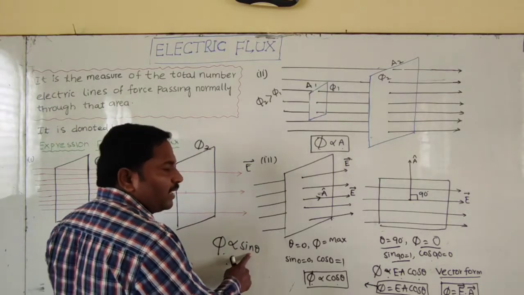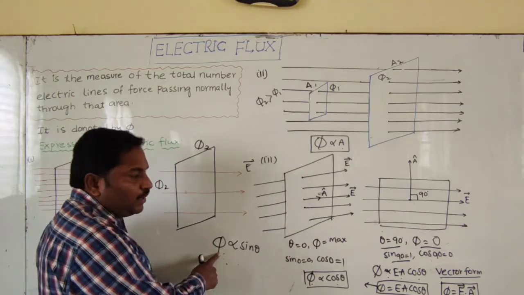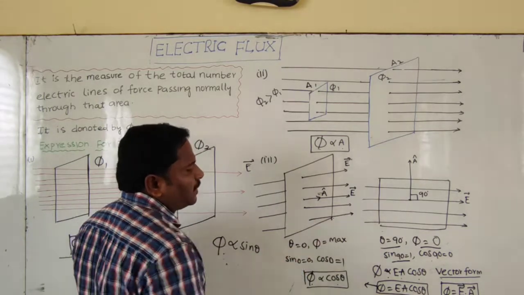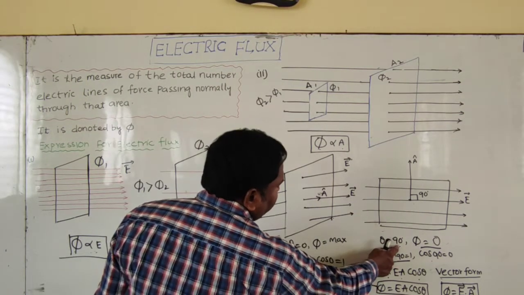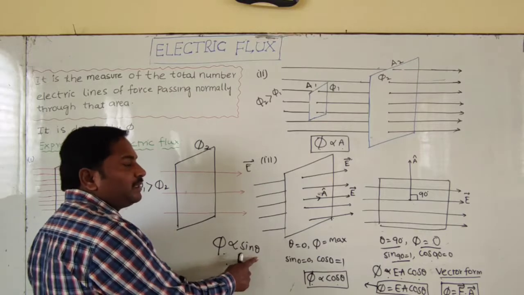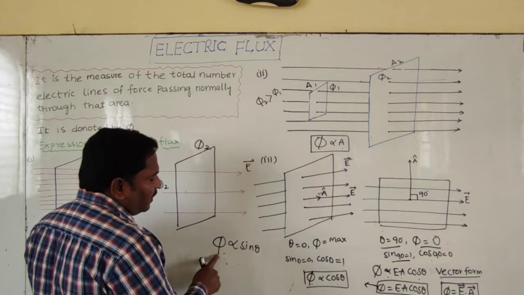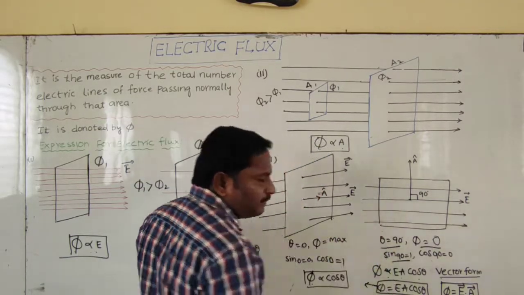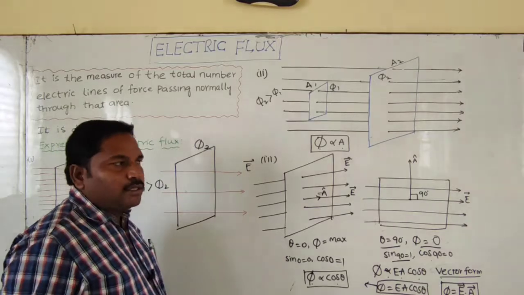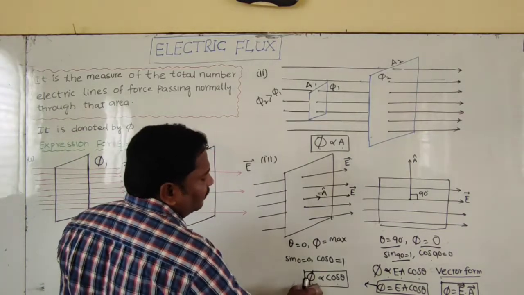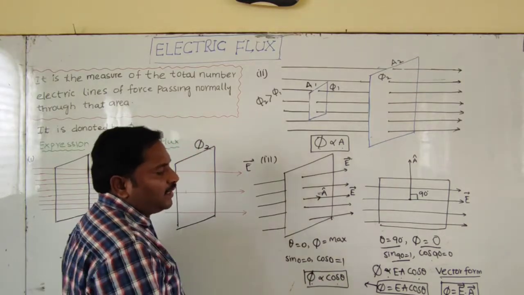If we write sine theta, when theta equals 0, flux becomes 0. But here flux is maximum. When theta is 90, sine theta is maximum, but here the flux is minimum. That means we cannot write sine theta. So we have to write flux directly proportional to cos theta.